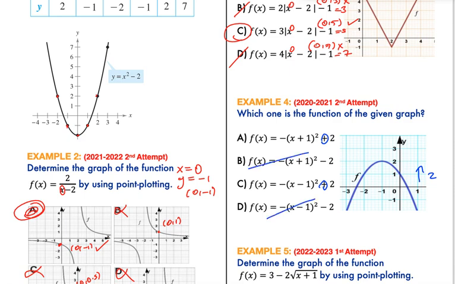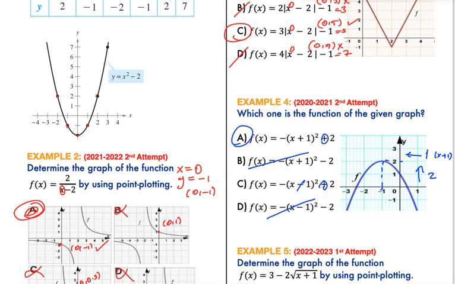We should have plus 2. And this function is moved how many units? 1 unit to the left. 1 unit to the left means inside the bracket we have plus 1, so not minus 1. So option A is true by using transformation rules too.